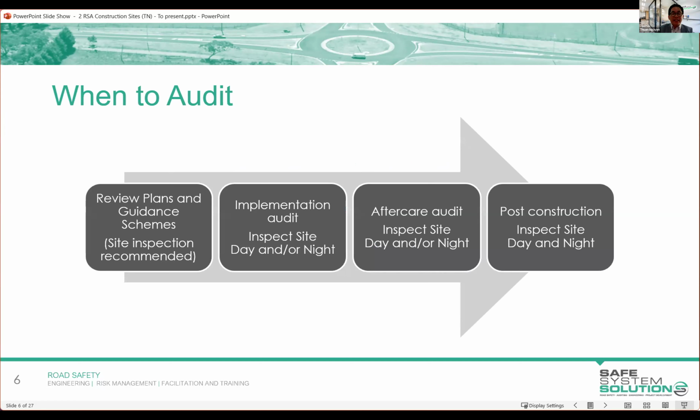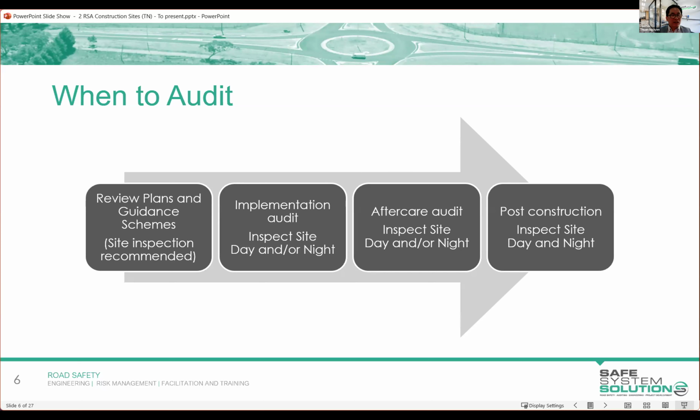On the screen are the 4 key stages I found quite important, and I feel that they're all important to be carried out for any construction works. The first one is you need to review the traffic management plan or traffic guidance scheme that were prepared for the work site, and that's where you can intervene and propose changes that may make a difference and reduce the risk on site.